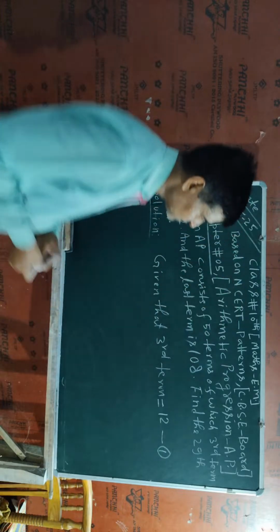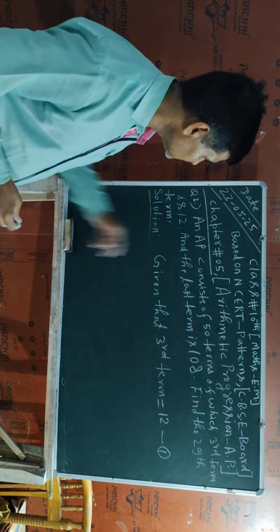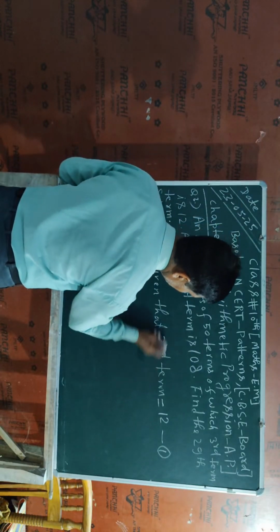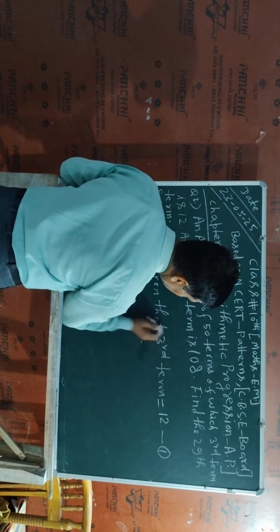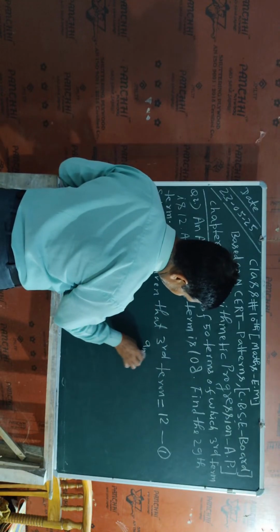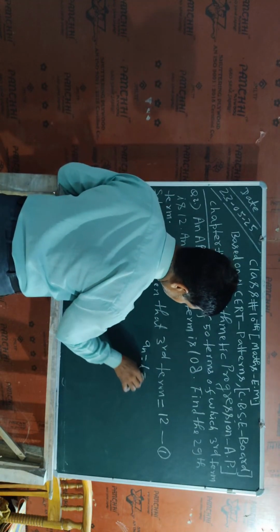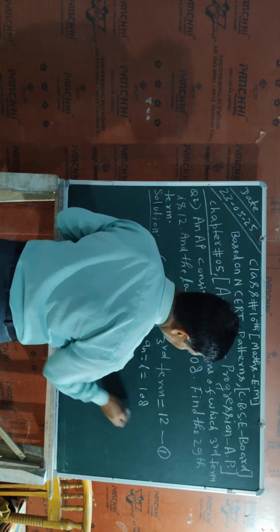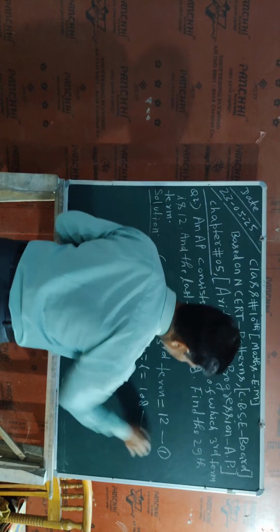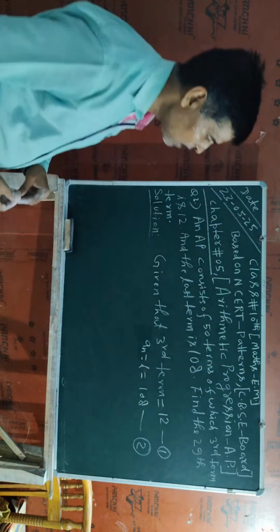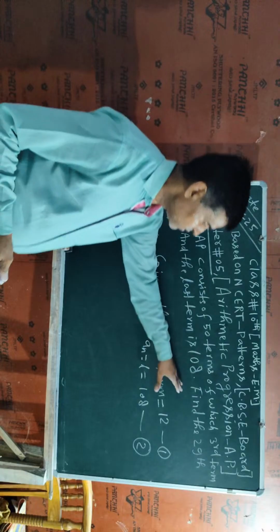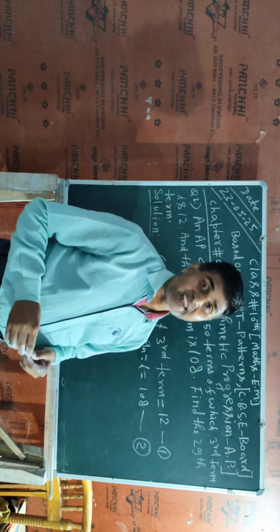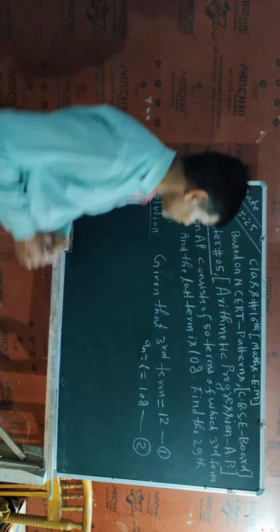Also the last term, a50, is given as 108. This is equation number 2. Now after getting the values of a and d, I will substitute, and then I will get the 29th term of the arithmetic progression. Okay student.